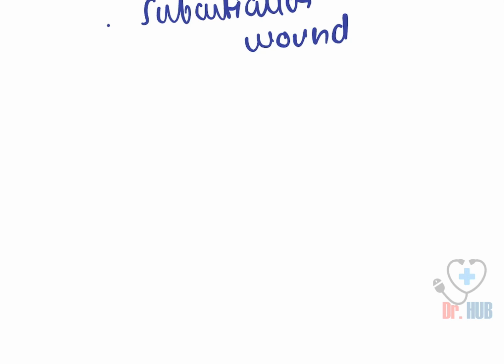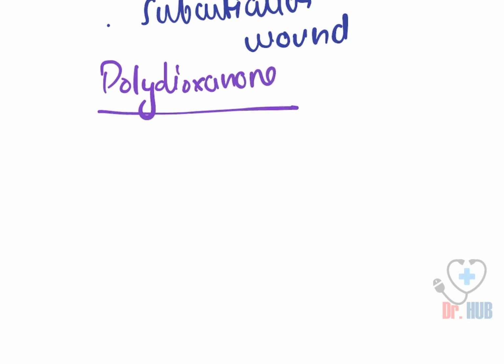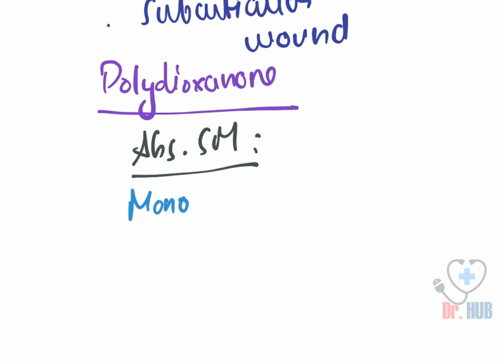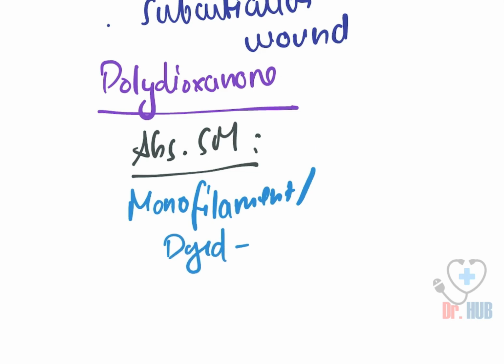Then we move on to the polydiaxanon. The polydiaxanon also comes under the absorbable suture material, and looking at the type, it is a monofilament. It is available dyed as well as undyed.